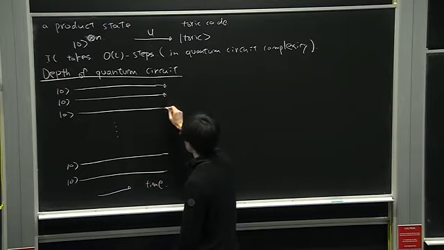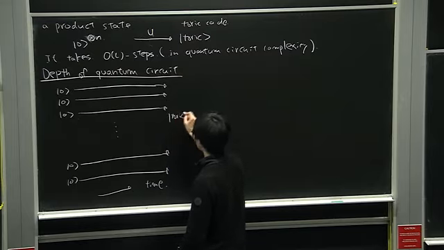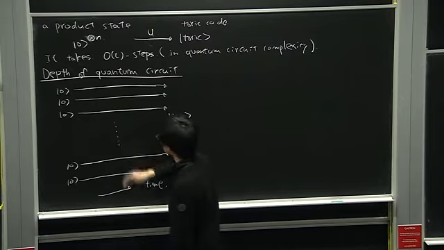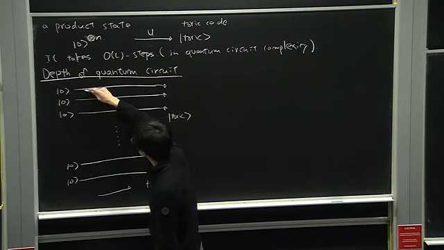And at the end of the day, you get some object, which is a toric code ground state.